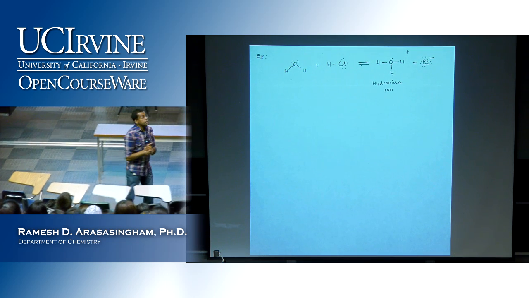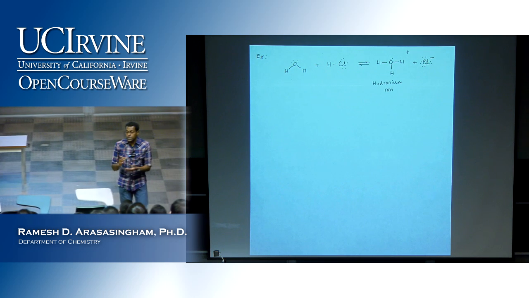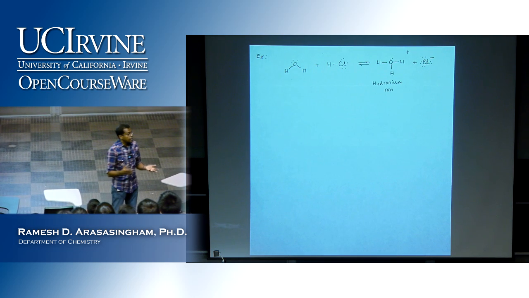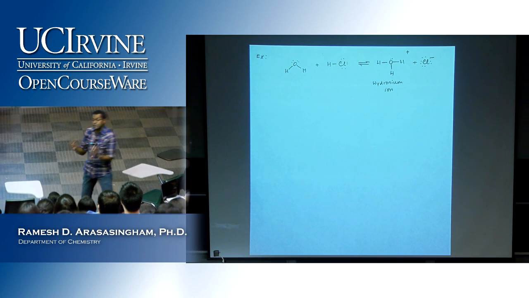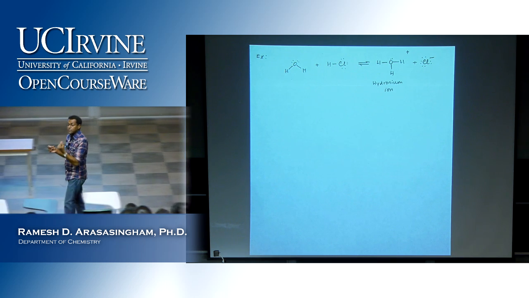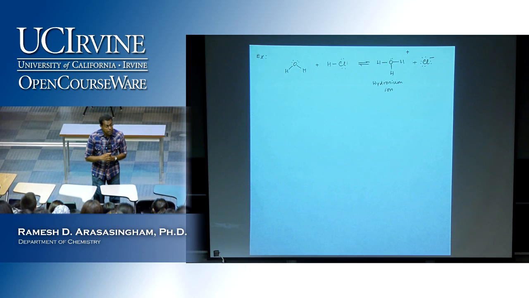So in fact, this is a better description rather than the Arrhenius, where we just say it produces H plus ions in water. In reality, H plus ions do not exist alone as discrete entities in water. They're going to combine with the molecule of water to give you a hydronium ion.